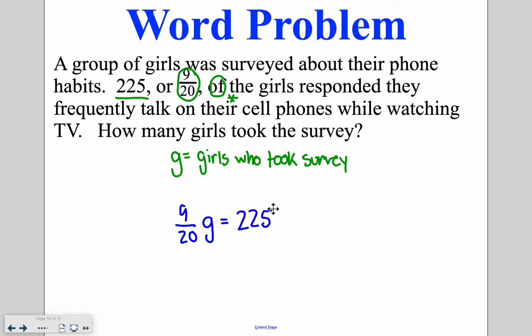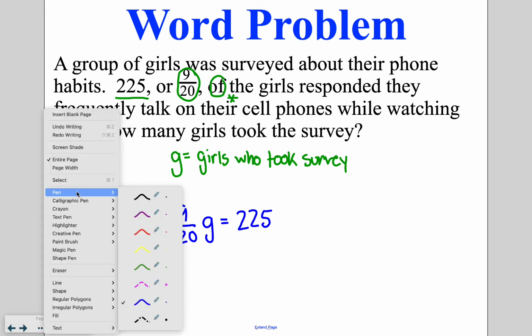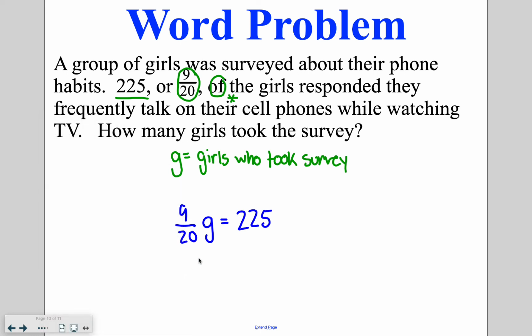So that's how we set up this problem. It's a multiplication problem. As we learned previously, in order to solve multiplication problems, we are going to divide. So I'm going to divide by 9/20ths on both sides of my equation. And when I do that, I'm going to get an answer of g is equal to 500.